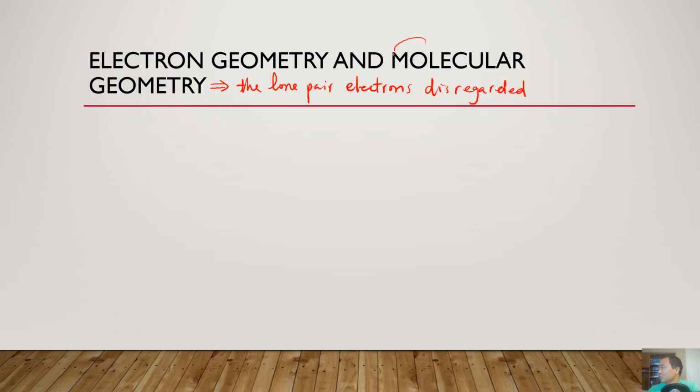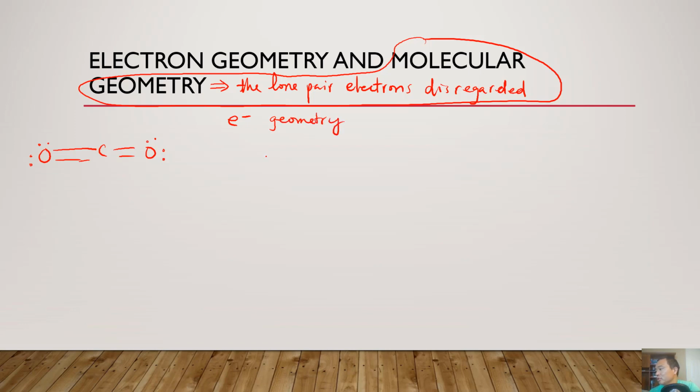For example, when we look at 2 electron groups, we have carbon dioxide. In this case, the electron geometry, for sure, is 2 electron groups, so that's a linear shape. Usually, at least you will have 2 groups surrounding the center atom. So in this case, the molecular geometry will be exactly the same.